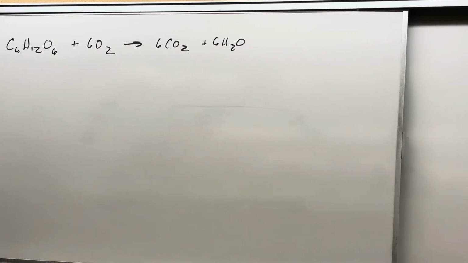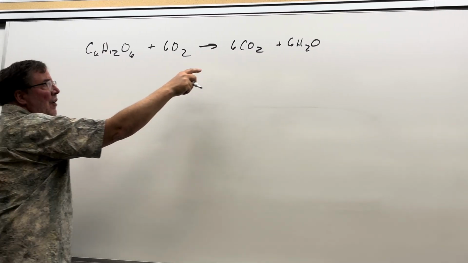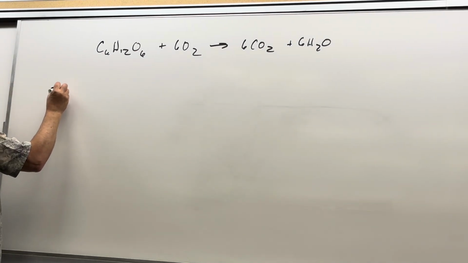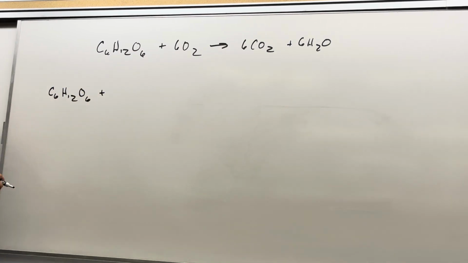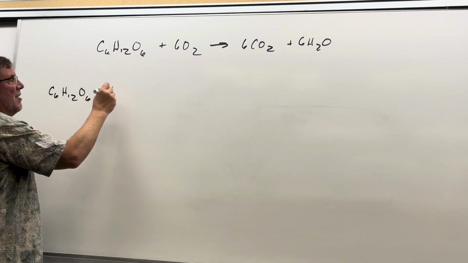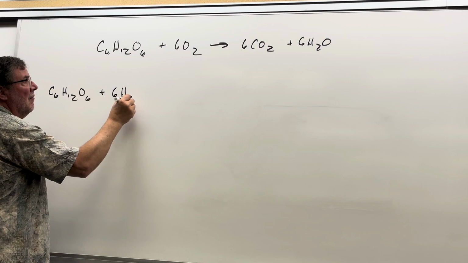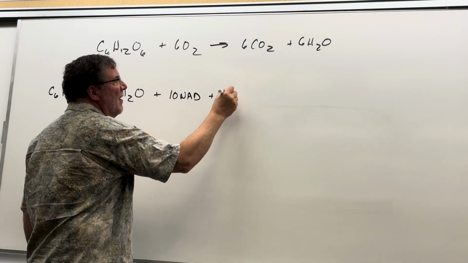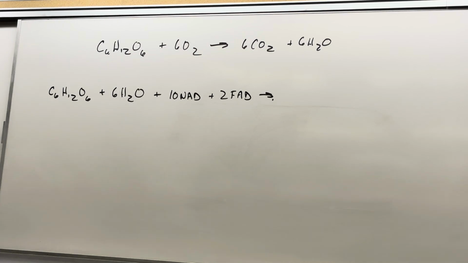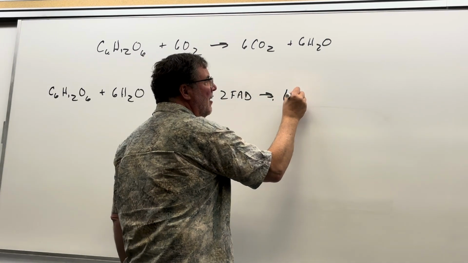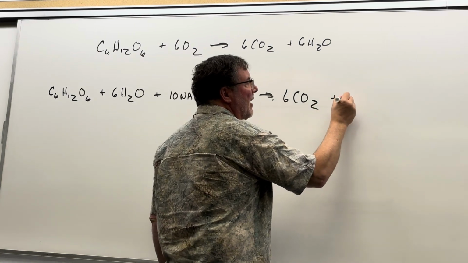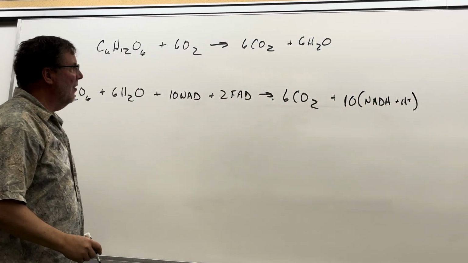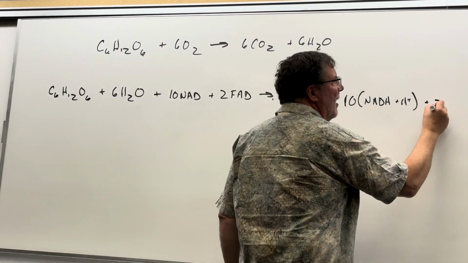The first process is the oxidation of glucose to carbon dioxide in glycolysis, pyruvate dehydrogenase, and the citric acid cycle. So that process is you take C6H12O6 plus 6 waters plus 10 NAD+ plus 2 FAD, and you end up with 6 CO2 plus 10 NADH plus H+, and plus 2 FADH2.